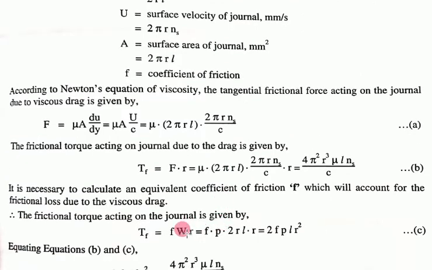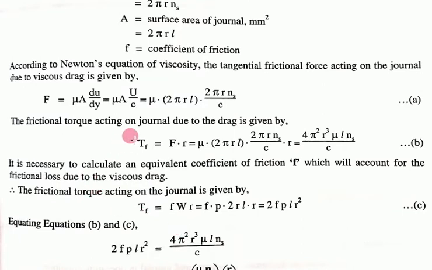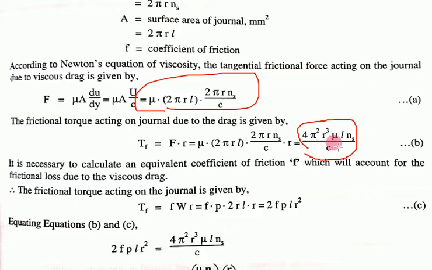Then we have frictional torque Tf is equal to force into radius of journal. So mu 2 pi r L and 2 pi r Ns upon c into r. So finally we got this equation, 4 pi square r cube mu L Ns upon c.